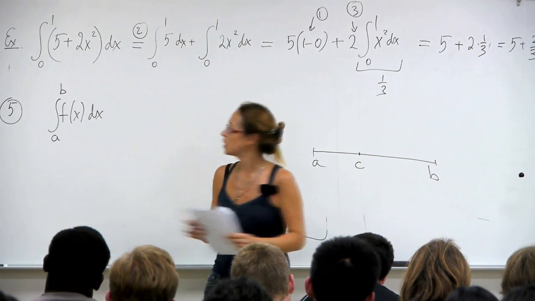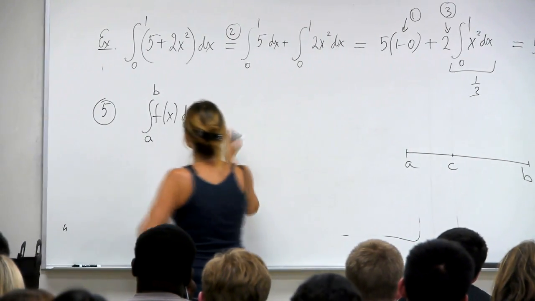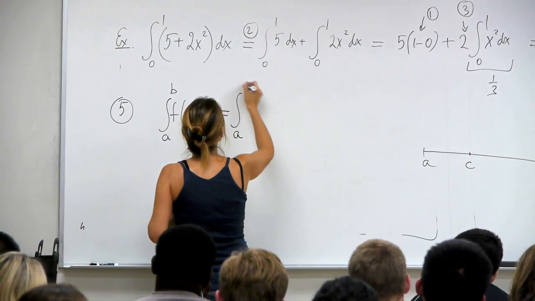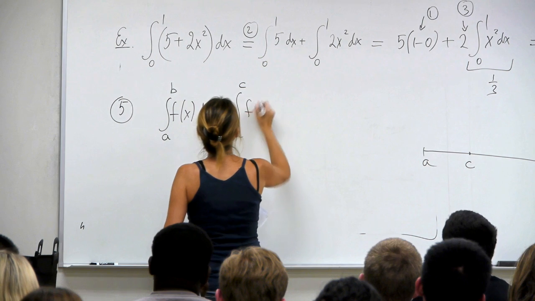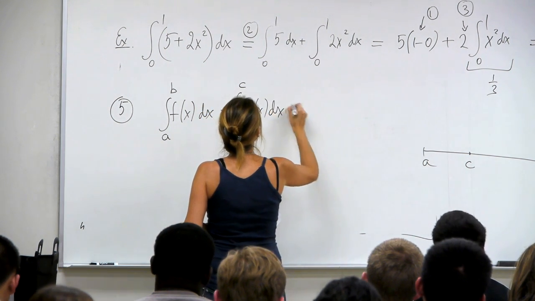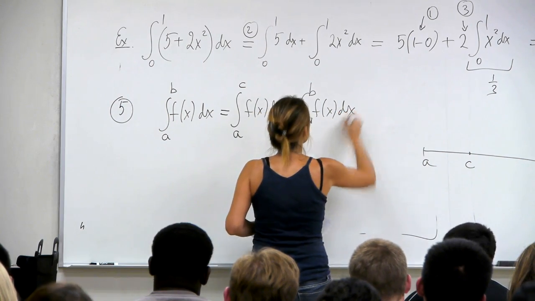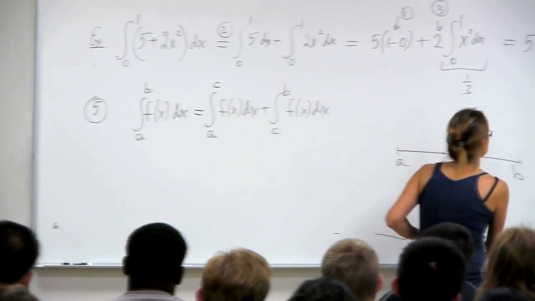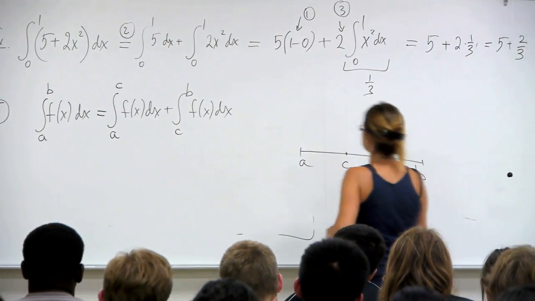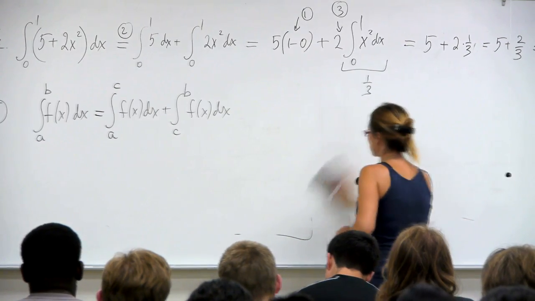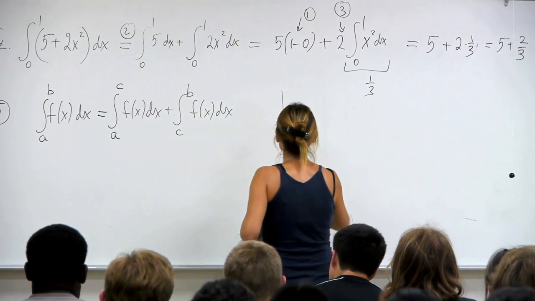Okay? Then I can rewrite this integral as the sum of the integral from A to C plus an integral from C to B. I will illustrate this with a picture.